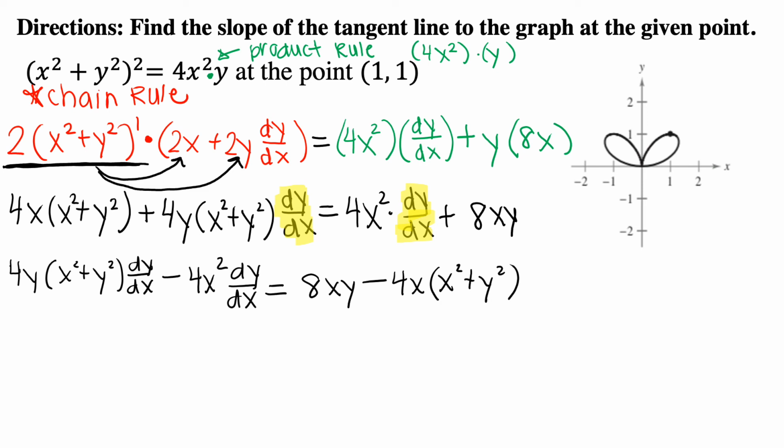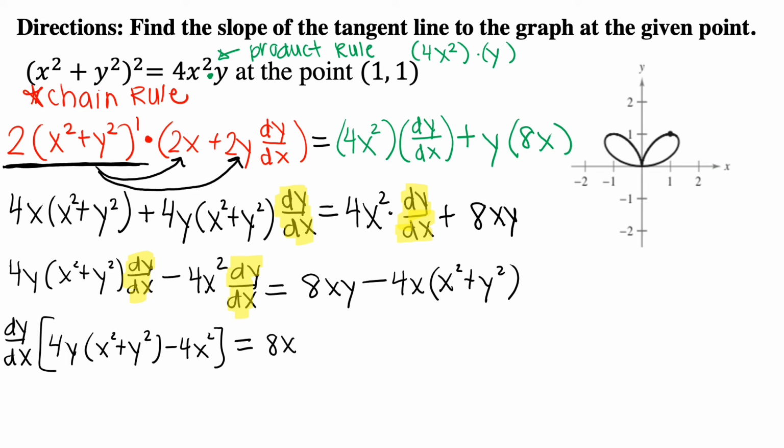Now I can see that my dy/dx terms are on the same side, so I can factor that out, dy/dx, and I have left 4y times x squared plus y squared minus 4x squared, and that is equal to 8xy minus 4x times x squared plus y squared.